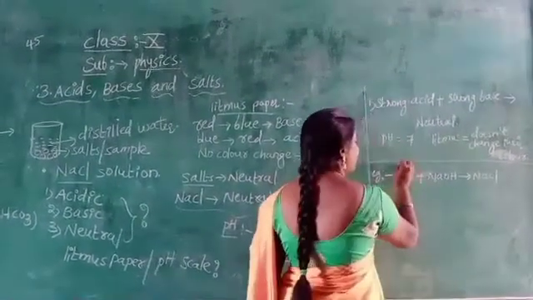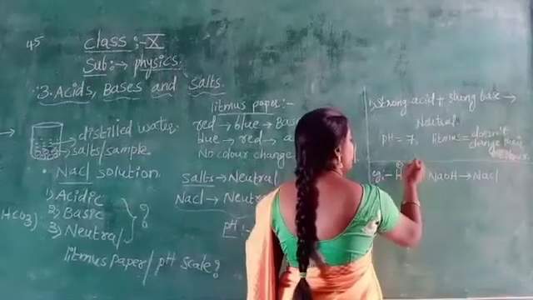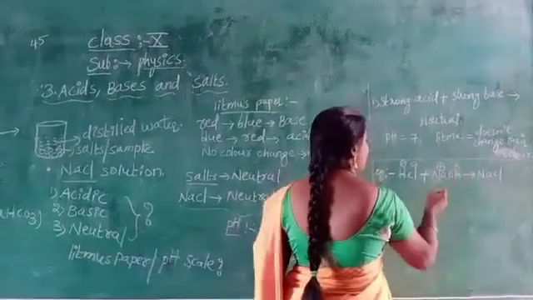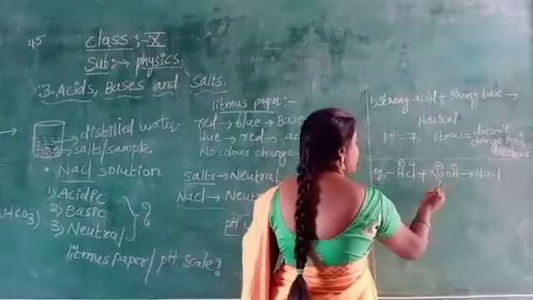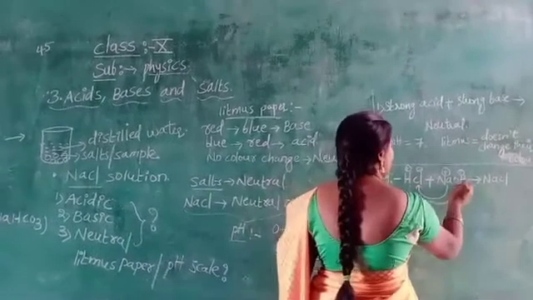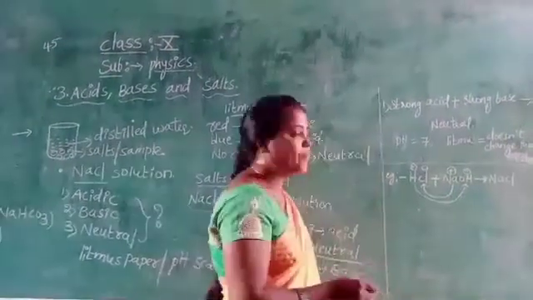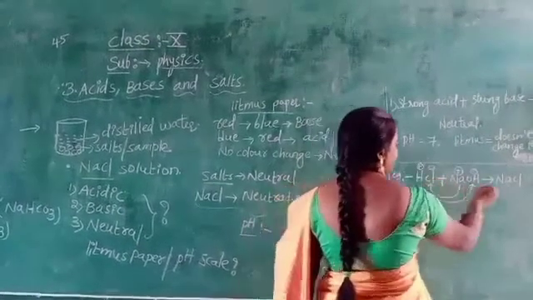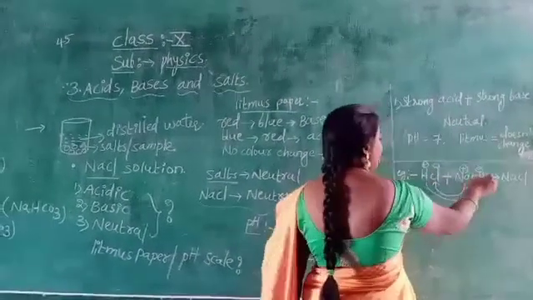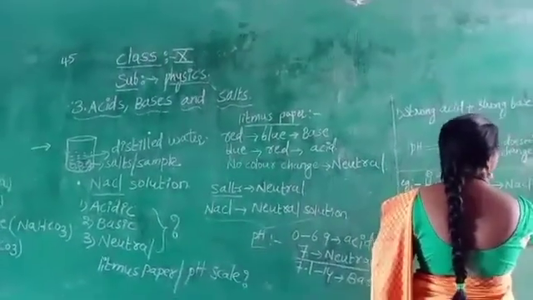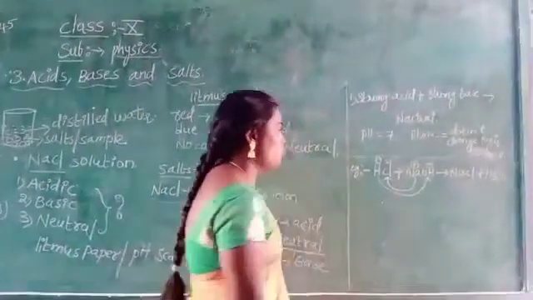NaCl. I am writing here H plus, Cl minus, Na plus, OH minus. So Na plus reacts with Cl minus, and H plus reacts with OH minus. So it forms Na plus Cl minus, NaCl, and OH minus plus H plus, that is H2O.